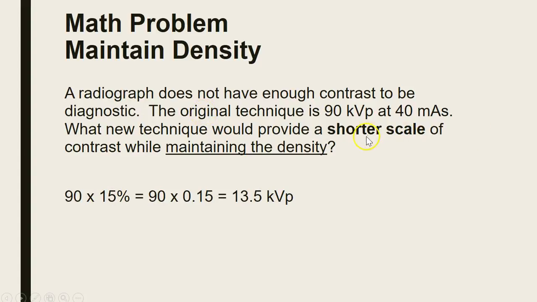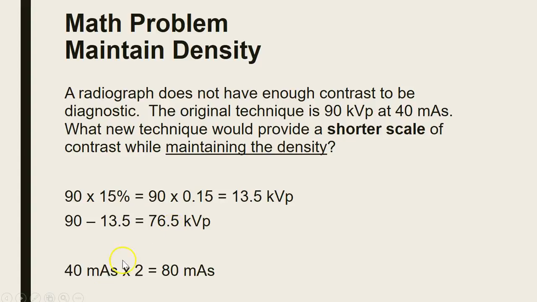But we want a shorter scale. We want less kV, so we subtract. Our new kVp is 76.5 kV. But it also says we want to maintain the density. Because this just halved our density, now we have to multiply the mAs by 2, and we have 80.